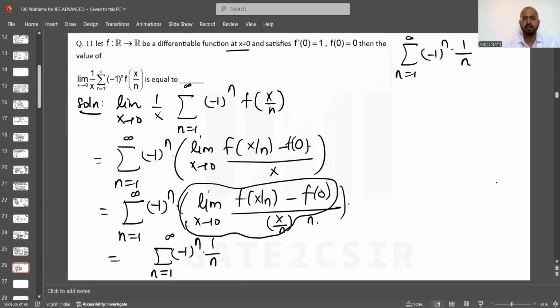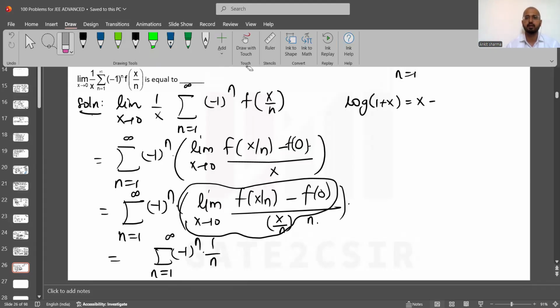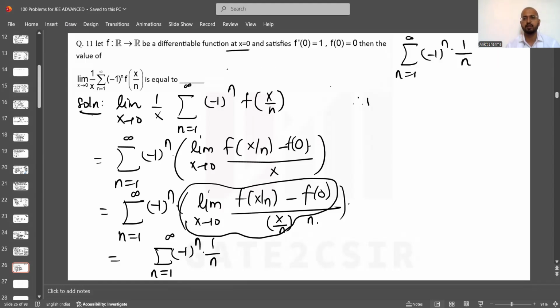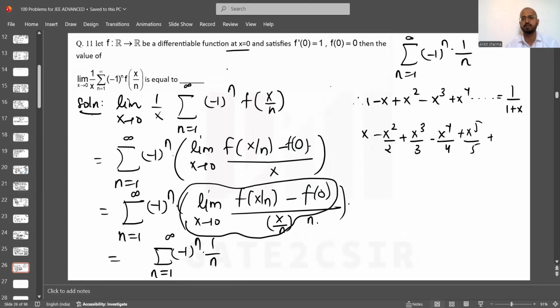For this, we'll take help from the logarithmic series, log of 1 plus x. We can even get it from GP also. So we have 1 minus x plus x square minus x cubed plus x to the power 4 and so on, which is 1 over 1 plus x. Now I'll simply integrate this. So x minus x square by 2 plus x cubed by 3 minus x to the power 4 by 4 plus x to the power 5 by 5 and so on is equal to ln of 1 plus x.